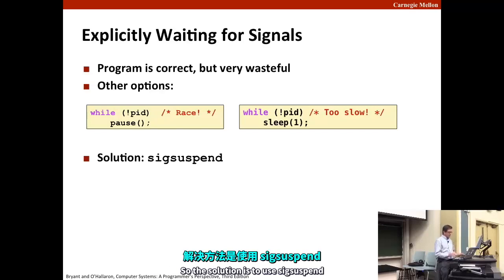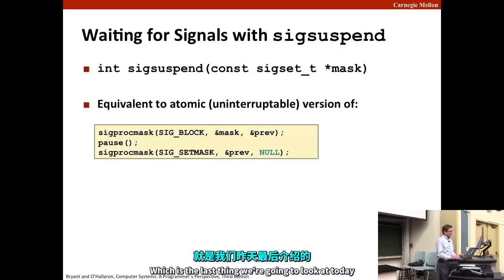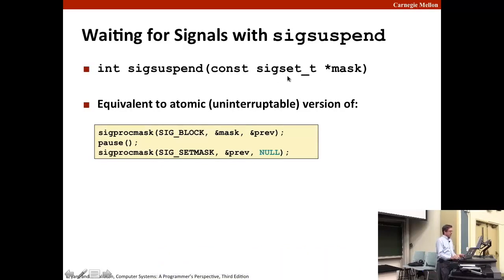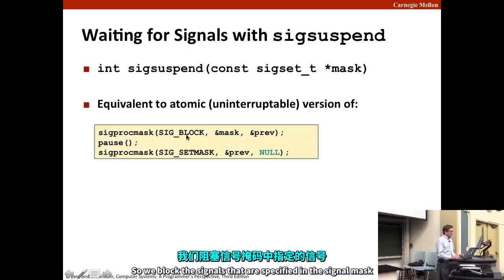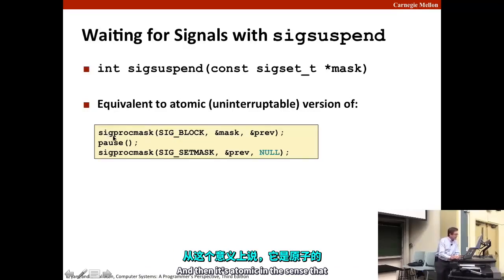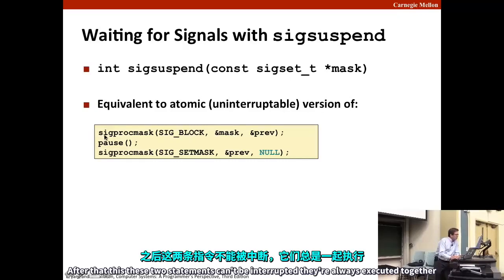So the solution is to use SIGSuspend, which is the last thing we're going to look at today. SIGSuspend is a function that takes a signal mask, and it's equivalent to an uninterruptible version of these 3 statements. So we block the signals that are specified in the signal mask, and then it's atomic in the sense that these 2 statements can't be interrupted.